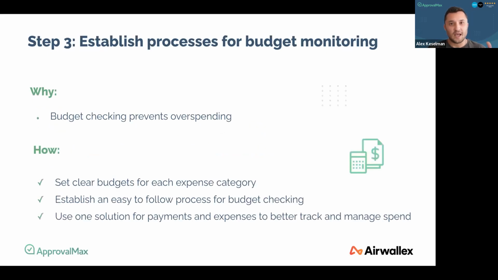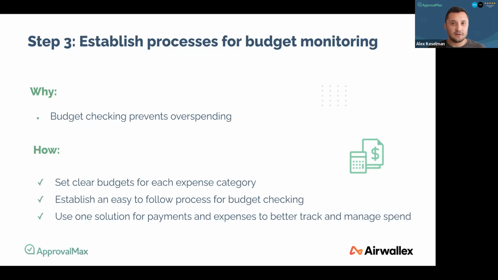Now, once we've established that, the next step would be to establish a process for budget monitoring. Lots of companies keep budgets, but they sort of keep them a secret from their users. So users have no idea what they're actually accruing. They can see the invoice that was received from the supplier, but they have no idea how it compares to the budget numbers already in place.